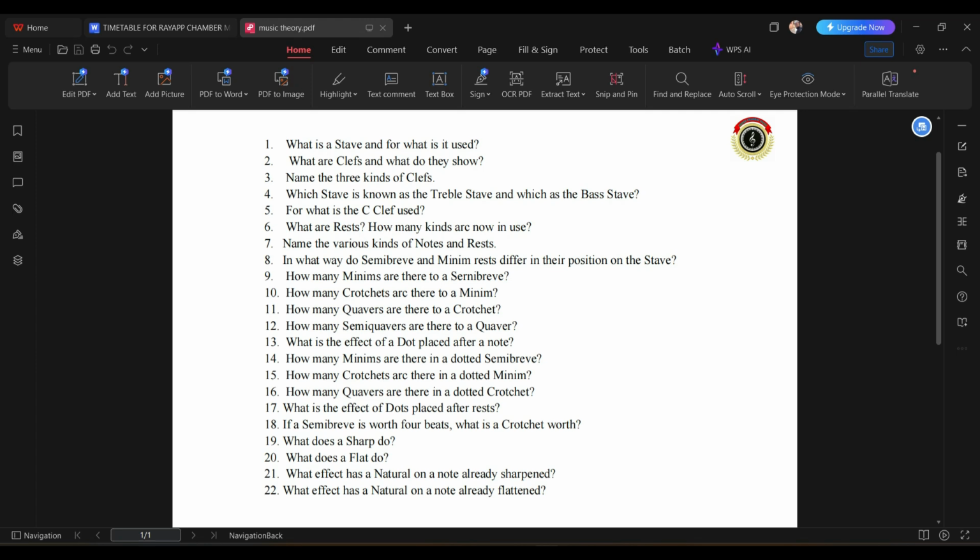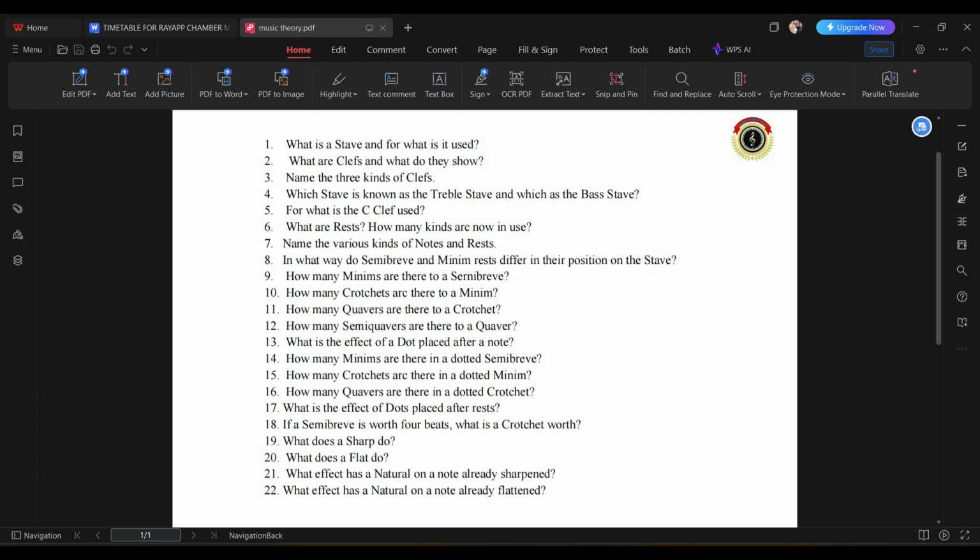That's question number 12. Number 13, what is the effect of a dot placed after a note? Basically, a dot adds half of the value of its note.